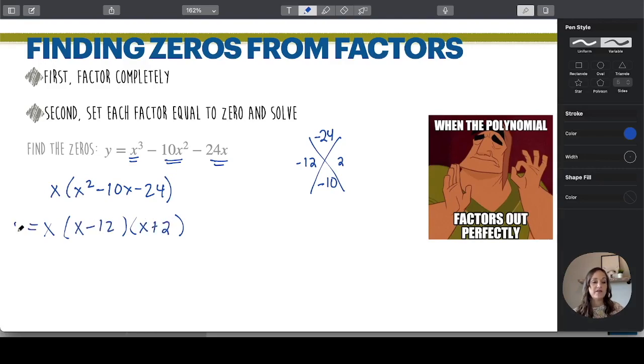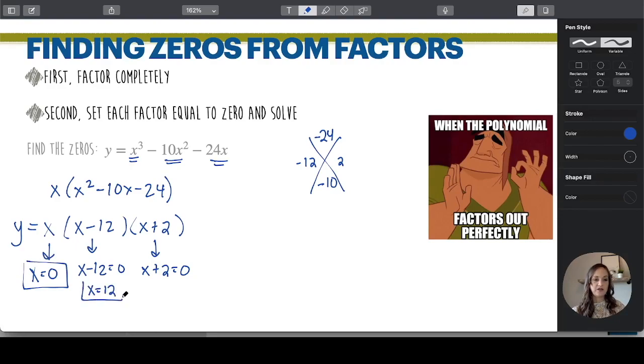Now that we have our factors, x, x minus 12, and x plus 2, to find the zeros, I'm going to take each of these and set it equal to 0. So therefore, we have 0 as a zero.